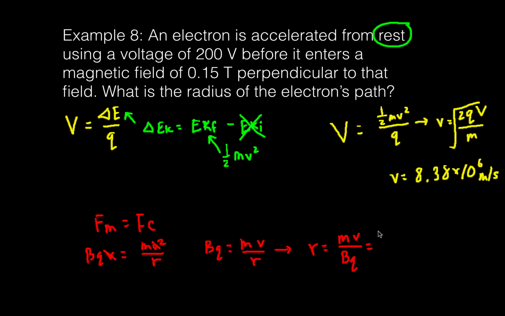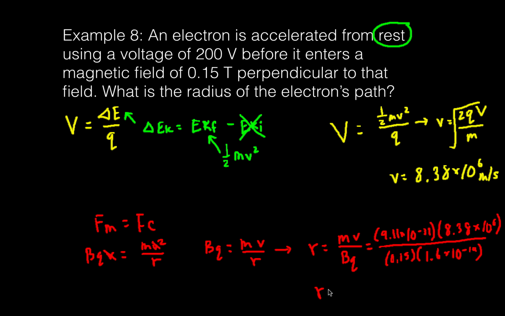So the radius is equal to the mass of the electron, 9.11 times 10 to the negative 31, times the velocity, which is 8.38 times 10 to the 6, divided by the magnetic field, 0.15 teslas, times the charge of the electron, which is 1.6 times 10 to the negative 19. This gives us a radius equal to 3.2 times 10 to the 4 meters.